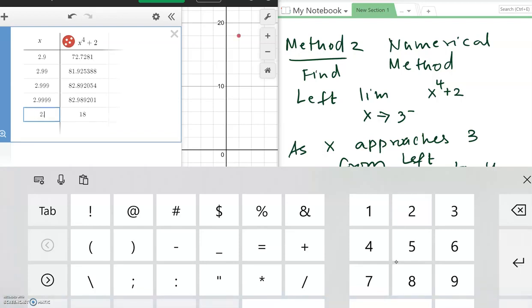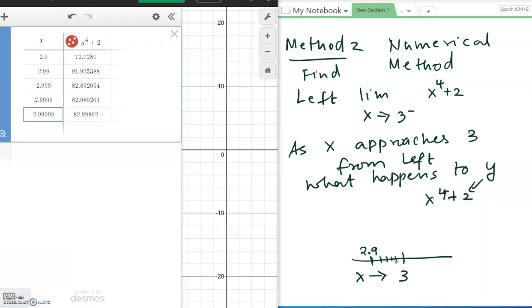So maybe one more number. It's becoming 82.99, and then it will become 83. So as x approaches 3 from the left side, the y value approaches 83.